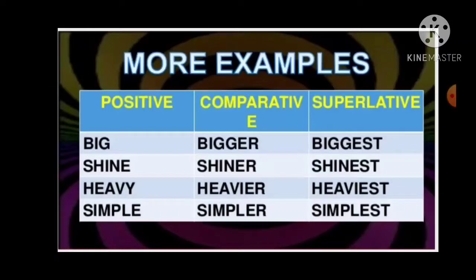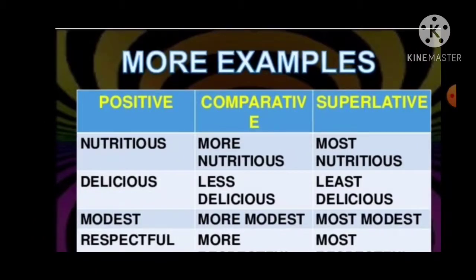Heavy, heavier, heaviest, simple, simpler, simplest, nutritious, more nutritious, most nutritious, because it is a long word that can be split into more than one syllable. Delicious, less delicious, least delicious. You can also use more delicious, most delicious. Modest, more modest, most modest, respectful, more respectful, most respectful, because it is a longer word.